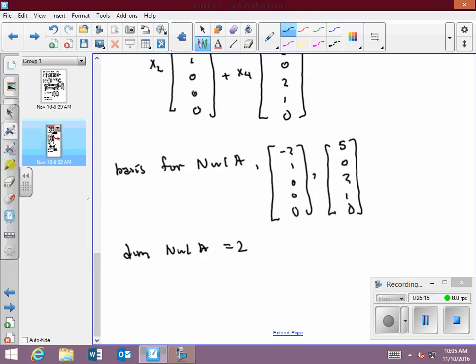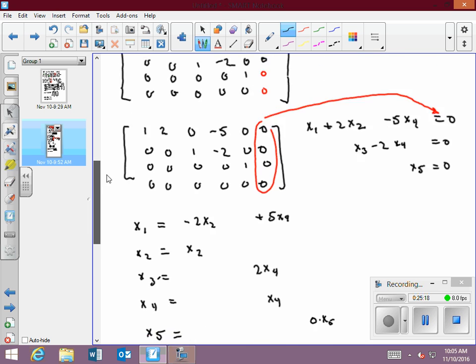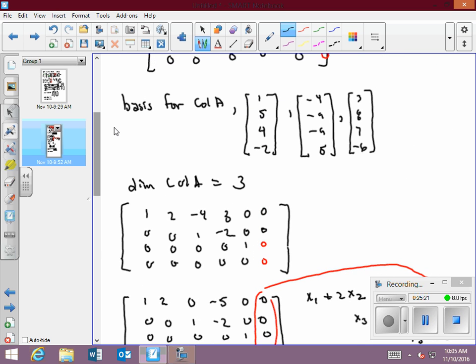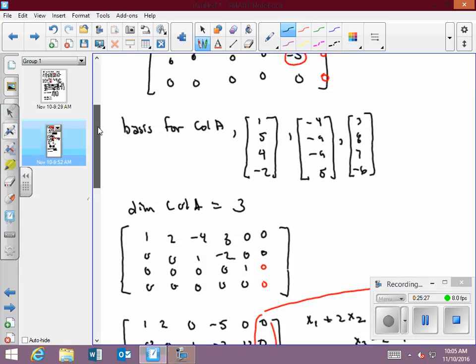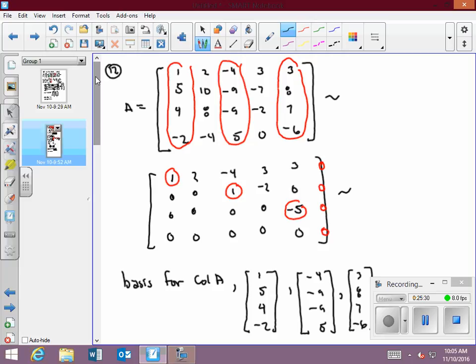And notice that the dimension of null A plus the dimension of column A equals the number of vectors in A. It's easy to find the basis for column A, but for the basis for null A, you got to get that in the reduced form. So any questions on those?